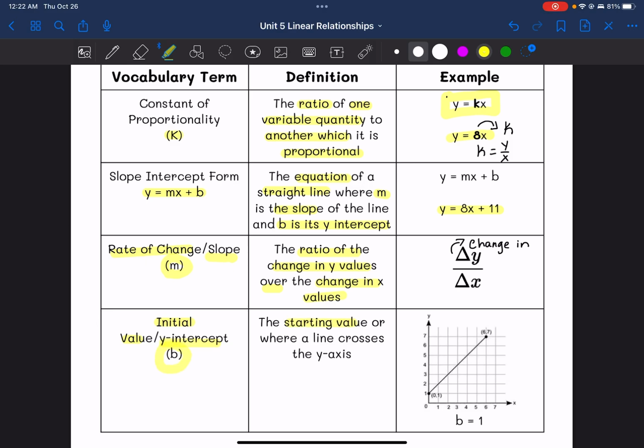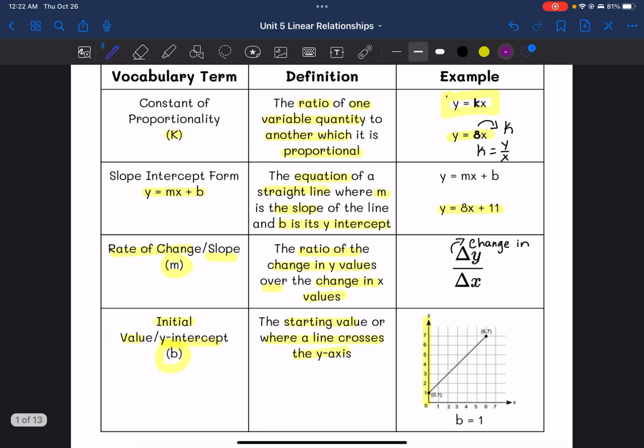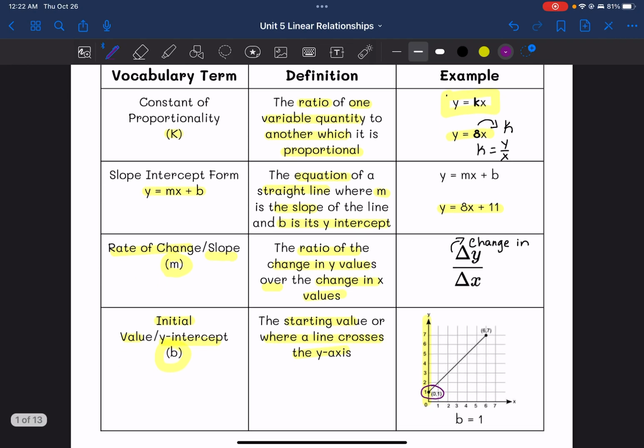That is the starting value, the initial value, or it is where a line crosses the y-axis. Okay, an example, here I have the y-axis on this graph, and I can see right here that I have 0, 1, okay? Now if we remember from 6th grade, when we have coordinate points, they are written as x, comma, y, okay?